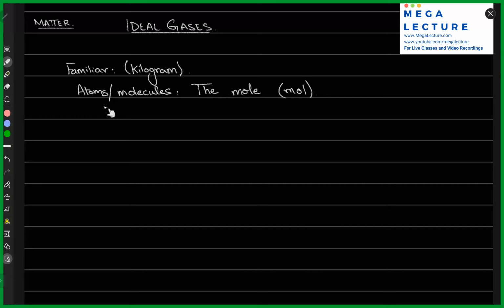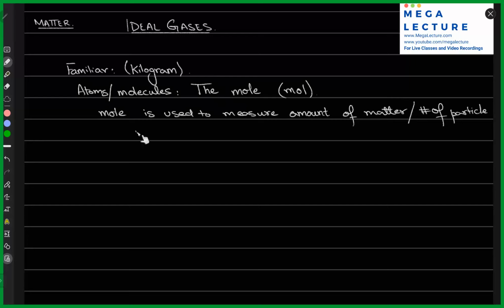So mole is used to measure the amount of matter, which also means the number of particles in a body, or really in any substance, number of particles in a substance.